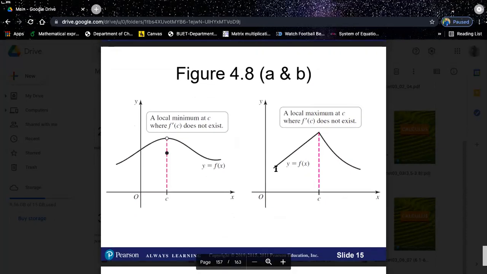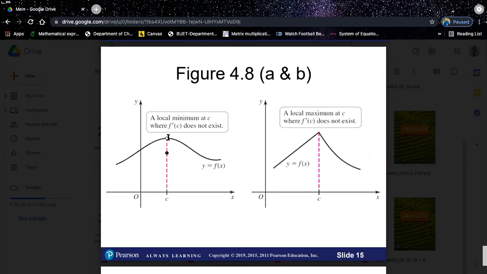All right, now let's see what I meant when I said the derivative does not exist, okay? So if you look at this graph on our left, you could see at C, the derivative does not exist, right? Because if you come from the left, it takes you to this point. I mean, when you approach C from the right, it still takes you to this point, but at that point, the functional value is not the same.